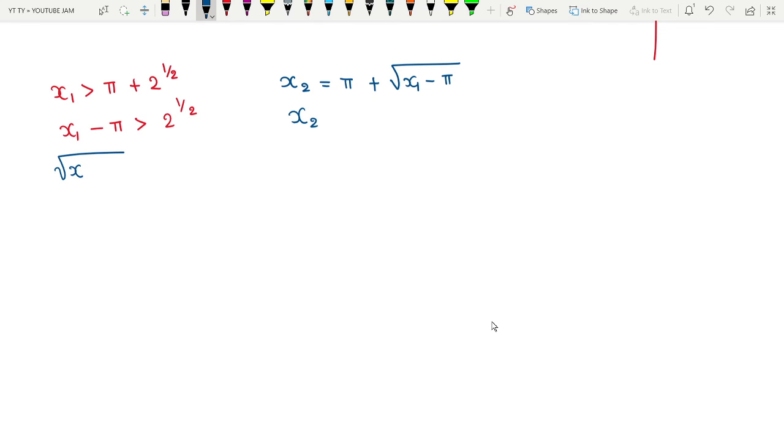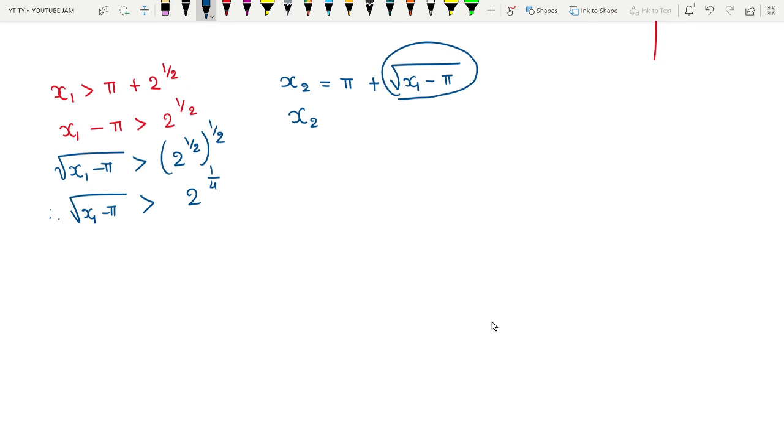The square root of this is greater than 2 raised to half, whole raised to again square root, which is nothing but 1 by 4. Therefore, my root of x1 minus pi is greater than 2 raised to 1 by 4. So my x2 is greater than pi plus 2 raised to 1 by 4.